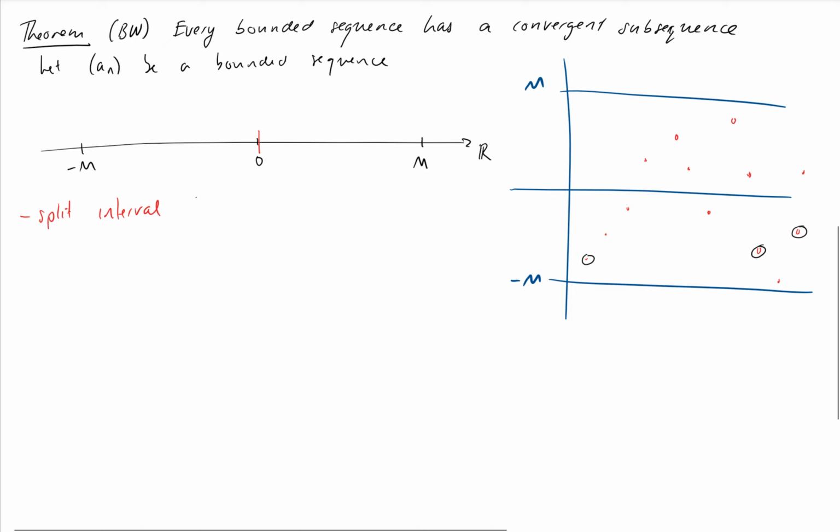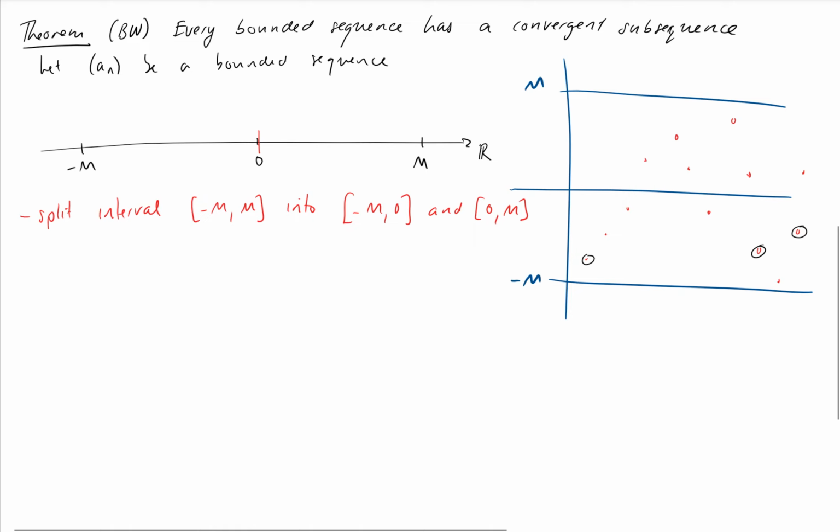So that's going to be the interval minus m up to m, into two pieces, minus m to 0 and 0 to m. And we're going to build a whole set of nested intervals that will contain something useful.